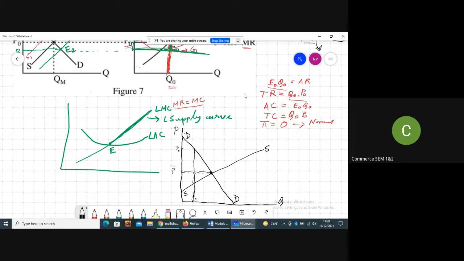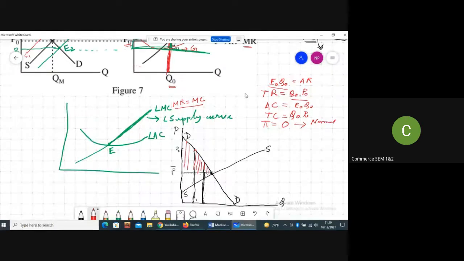Similarly, for the second unit, the consumer is willing to pay this much, the vertical distance from the demand curve, but he is actually paying this much. This difference is called consumer surplus. If you add these vertical distances, we call this consumer surplus.